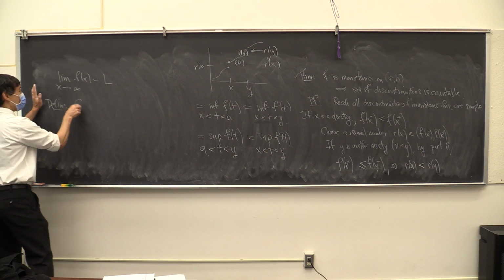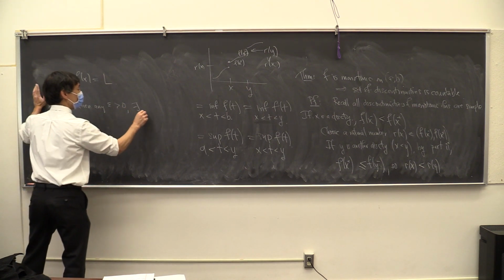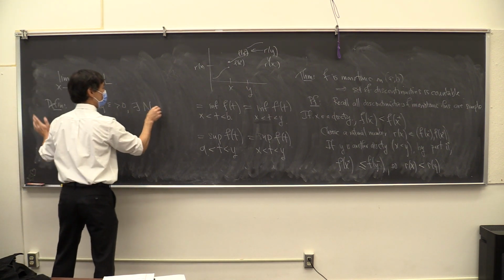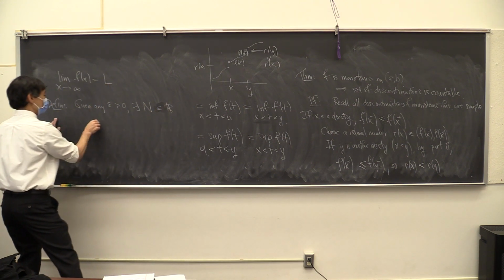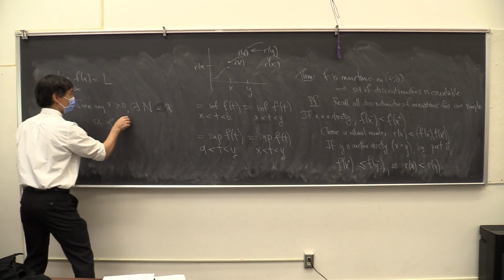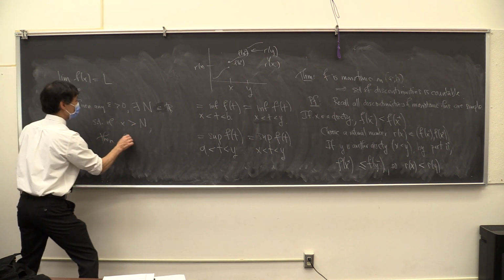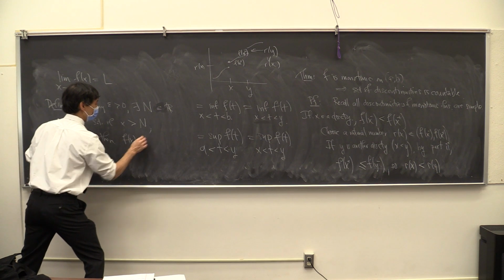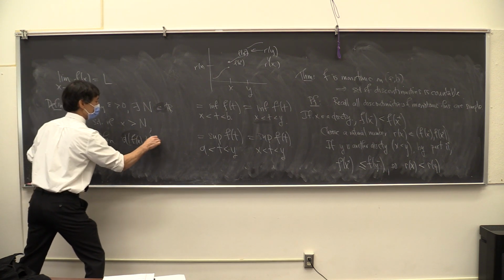It'll say, given any epsilon, there exists some number n, such that if x exceeds n, then the distance of f of x from L is less than epsilon.